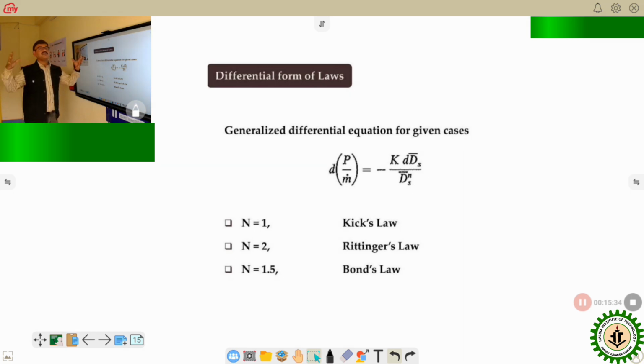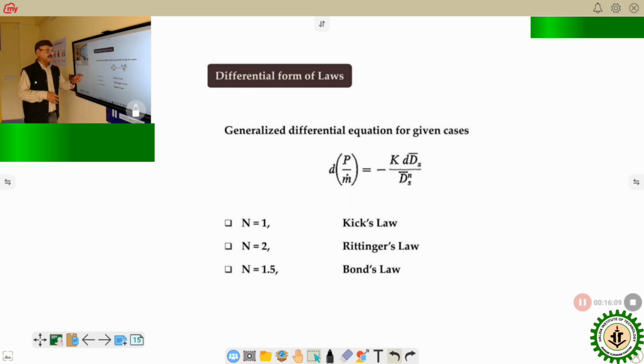So if we consider these three laws, that is Kick's law, Rittinger's law, and Bond's law, considering these three laws, a generalized formula has been developed, the generalized differential equation for given cases, that is dP by m is equal to K into dD by D to the power n, where this n value varies for different equations.